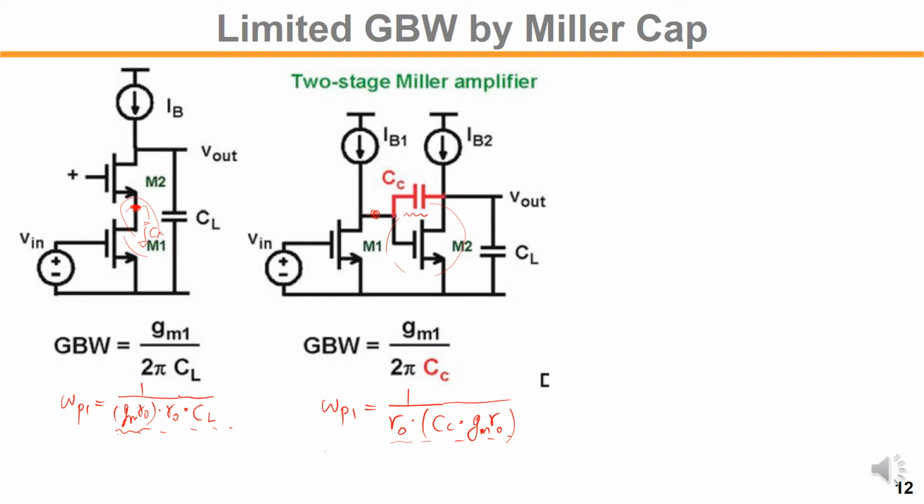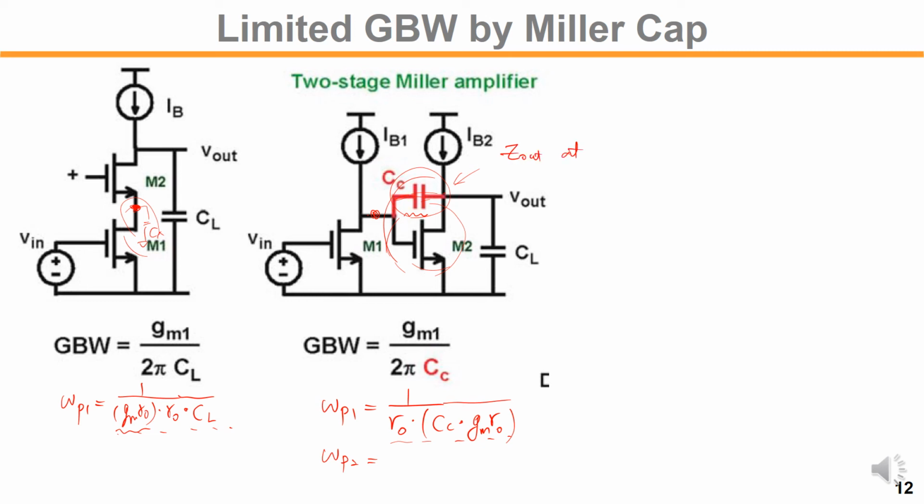What about the second pole location here? We know that this Miller capacitance, at high frequency, CC is shorted, right? So the impedance at the output is 1 over g out.